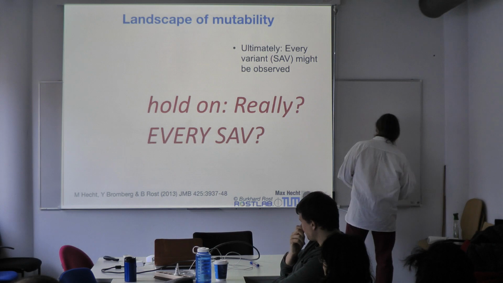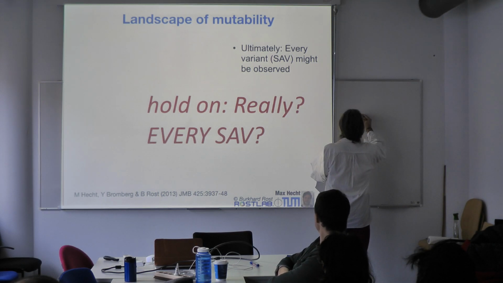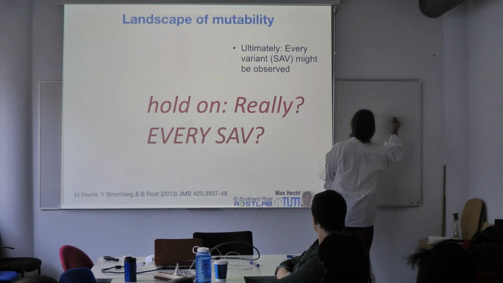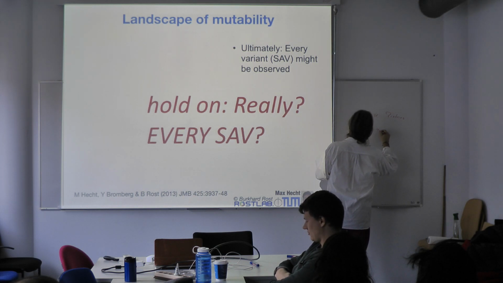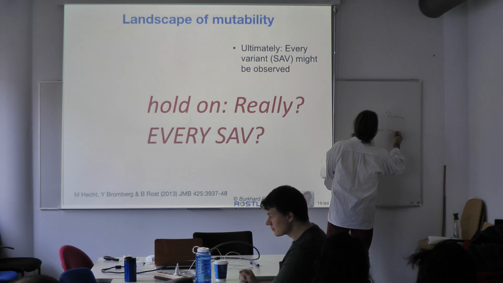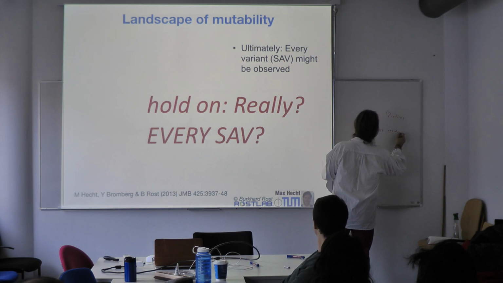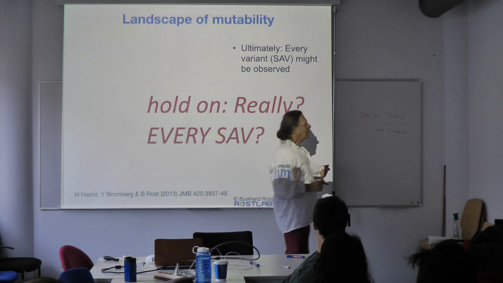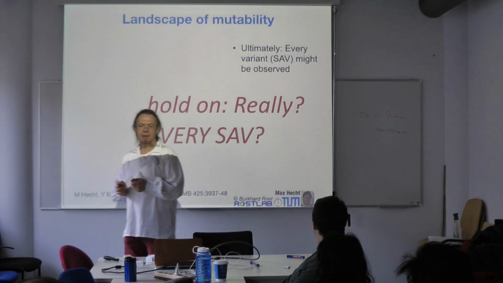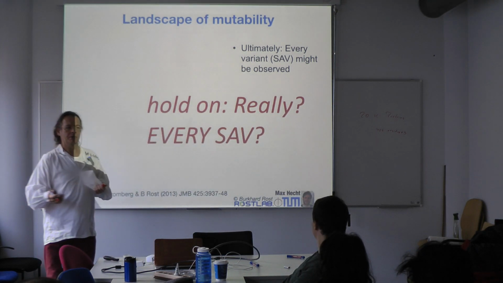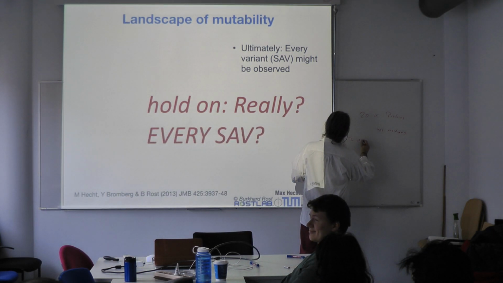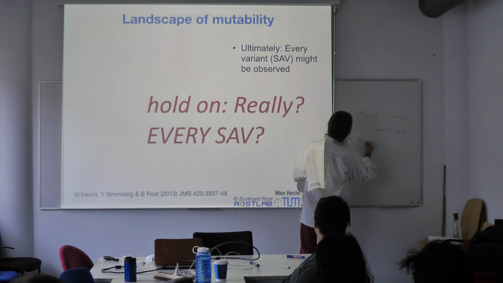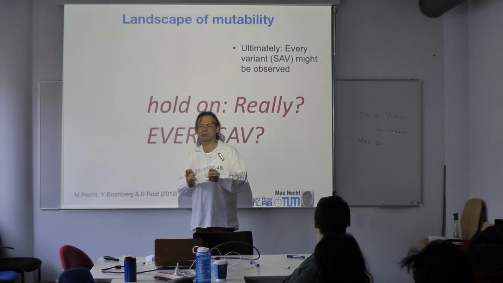We have 20,000 proteins, 20K proteins. A human protein has about 400 residues. So essentially we have 20,000 times 400. So this is about 160,000, right? Roughly. 160K SAVs in human. Possible. I mean, in silico possible.